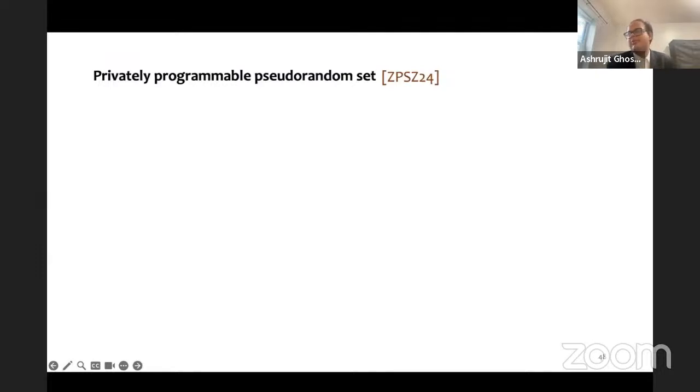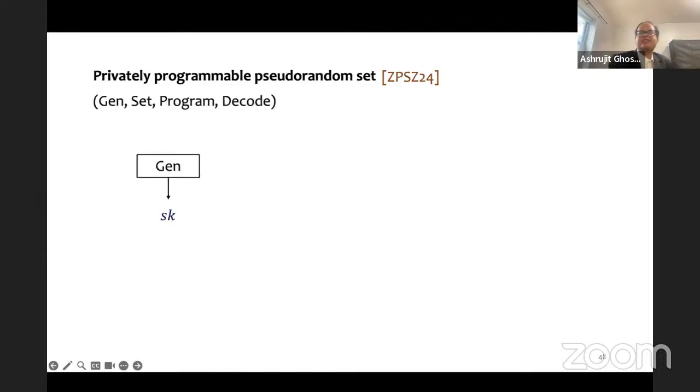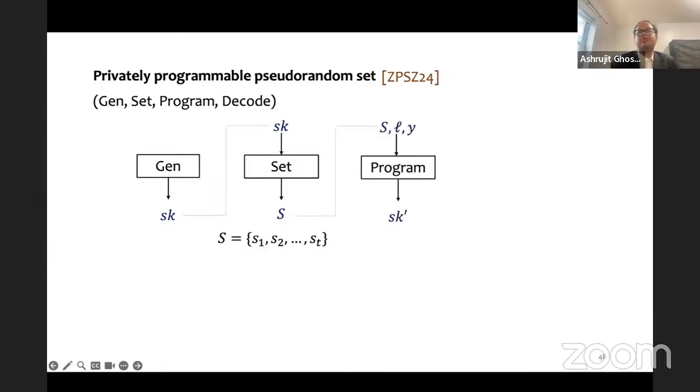A privately programmable pseudorandom set is a cryptographic primitive defined by 4 functions: gen, set, program, and decode. Gen returns a secret key sk. Set takes that secret key as input and produces a set s. Program takes as input a set s, an index l, and a value y, and it produces a secret key sk prime.